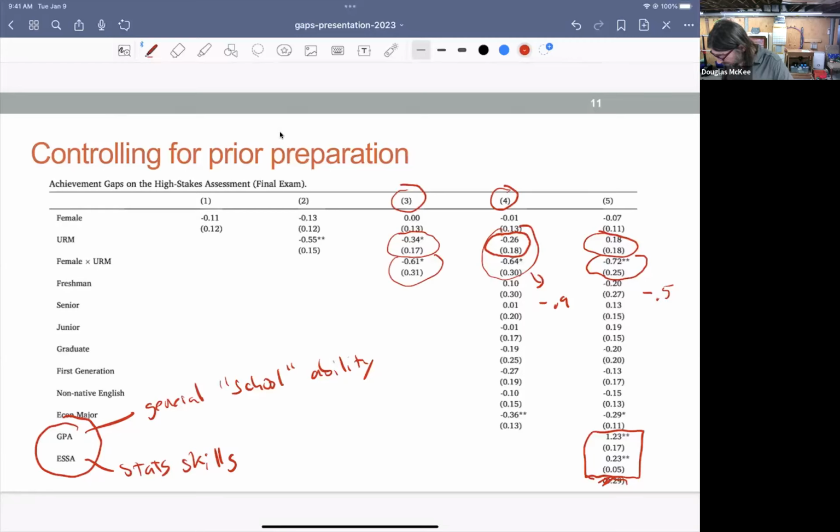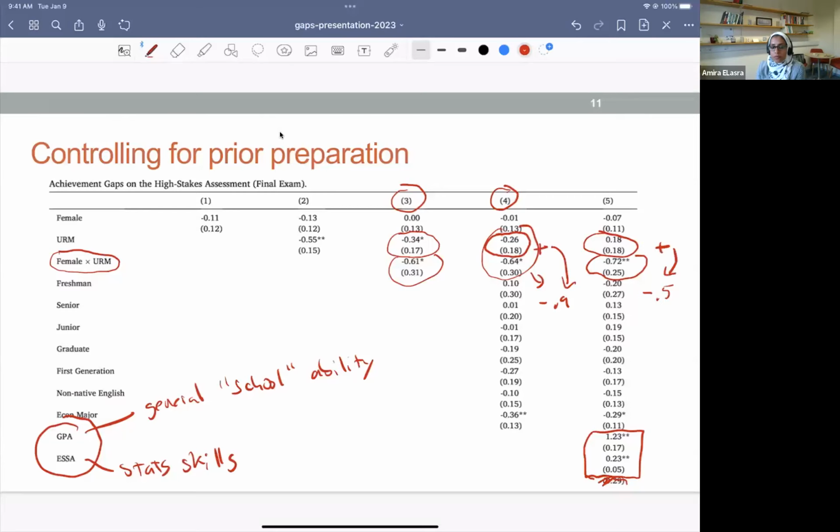So remember the URM gap for female, the coefficient is telling you the difference between the male URM gap and the female URM gap. And the female URM gap itself is actually the sum of those two. And so if we add those two, it goes from minus 0.9 to minus 0.5. So the difference between the gaps is getting a little bit bigger, but the gap itself is getting smaller. Okay. Yeah. All right.